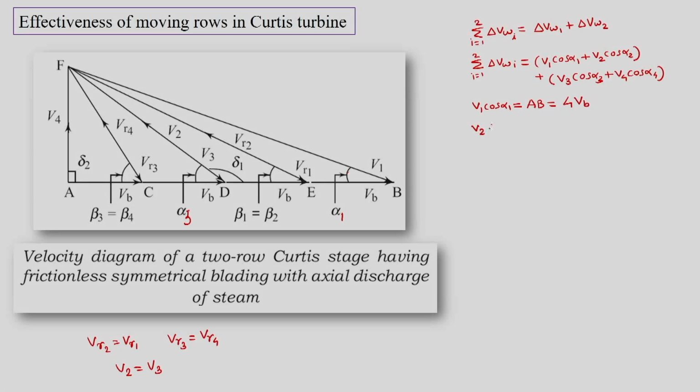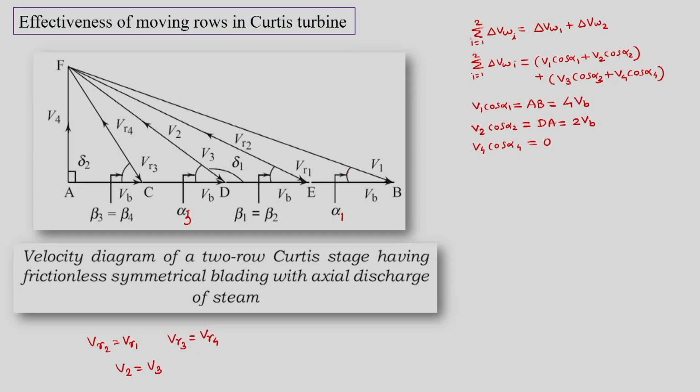Then we know V2 cos alpha 2 is here, and alpha 2 and alpha 3 are the same. So it is dA, and dA is equal to twice VB. Similarly, we know that V4 cos alpha 4 is equal to 0, since we are considering axial discharge.